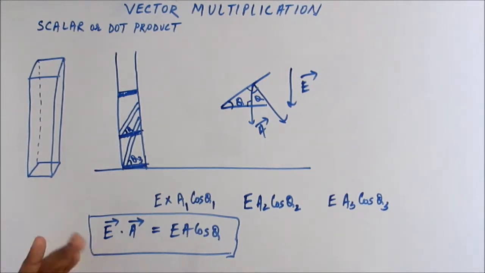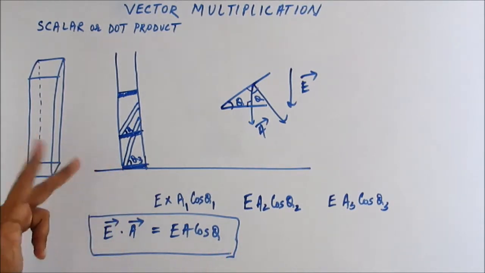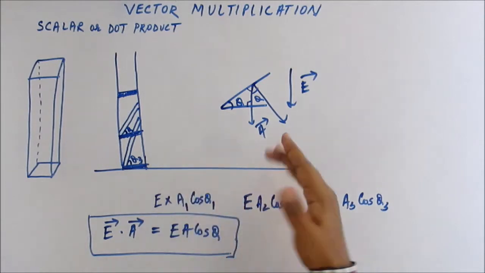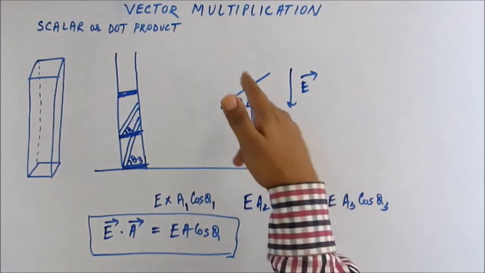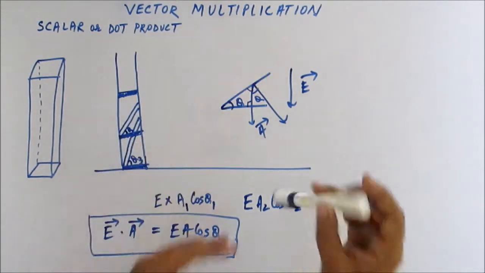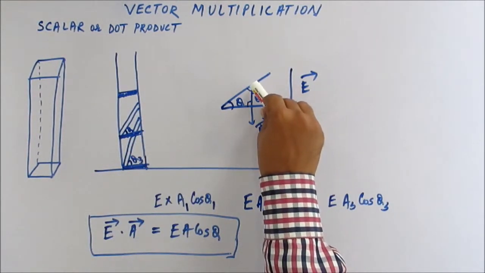We have to take the orientation also into account, and the orientation is taken into account by considering the angle between the area and energy per unit area here. That is mathematically put in the form of vectors, and we have defined the direction of the area vector as perpendicular to the surface of the area. If the area is oriented like this, then the direction is perpendicular to the surface.